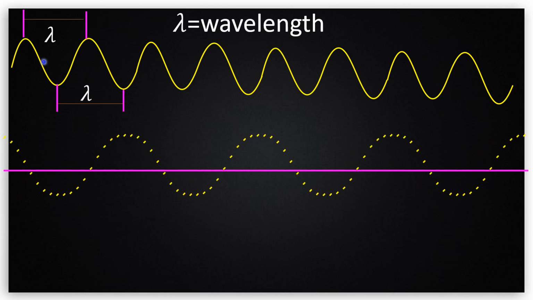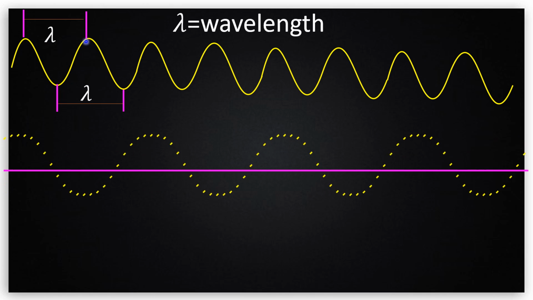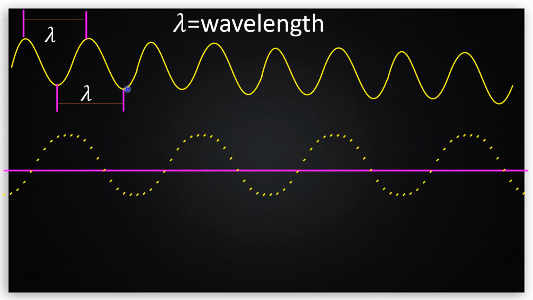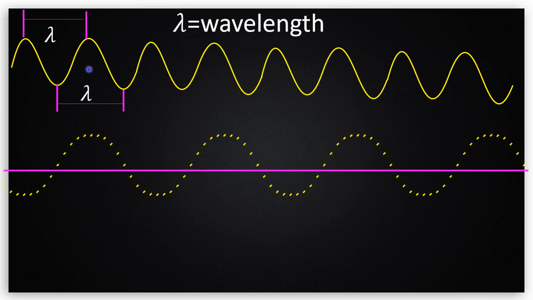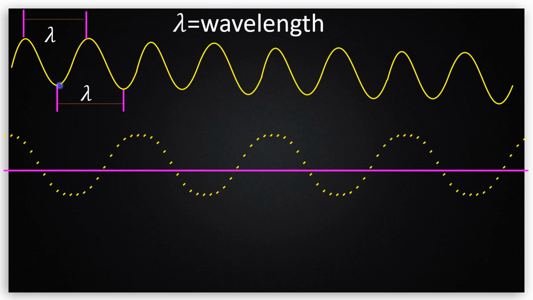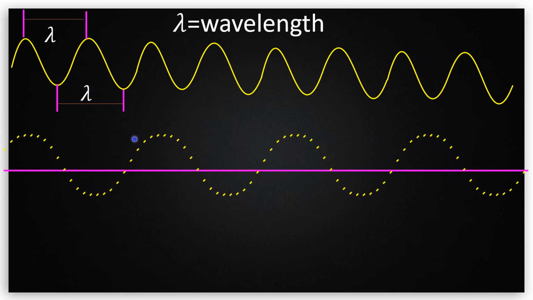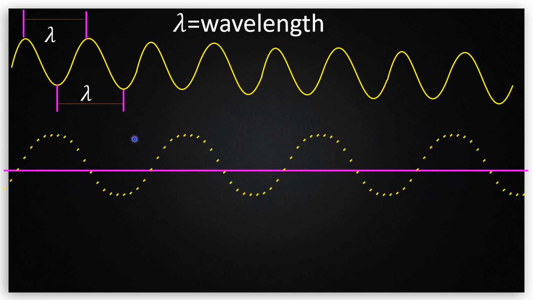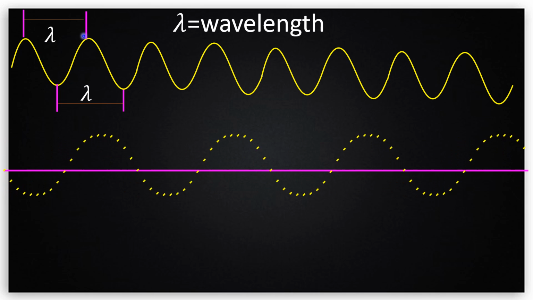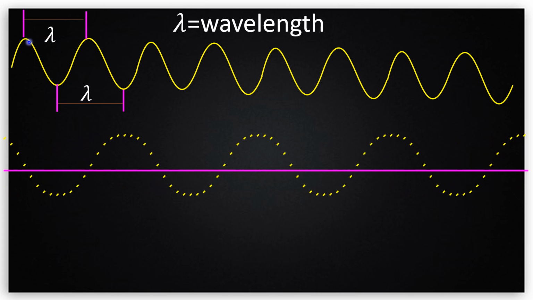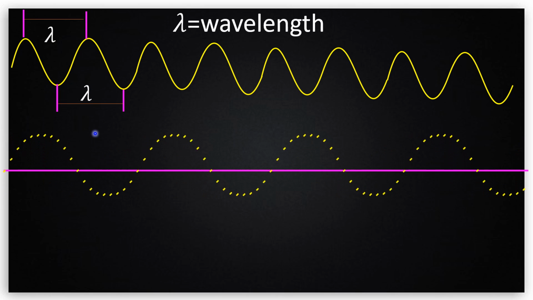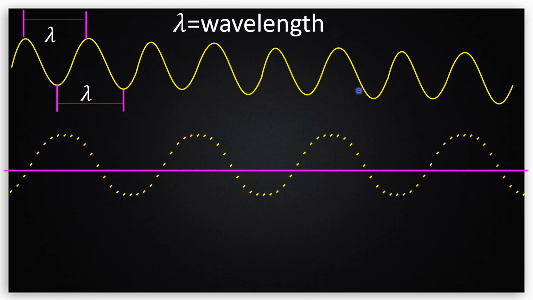The distance between two consecutive crests or two consecutive troughs is called the wavelength. From here to here it is called lambda, or from here to here it is called lambda. From here to here it is one complete wave. Okay, so this is wavelength.